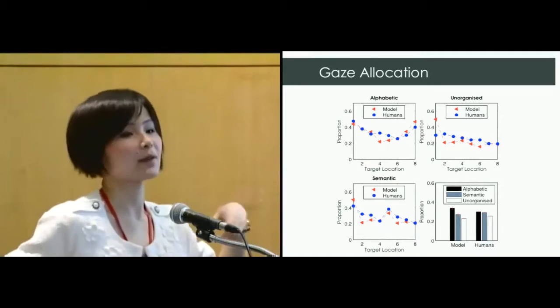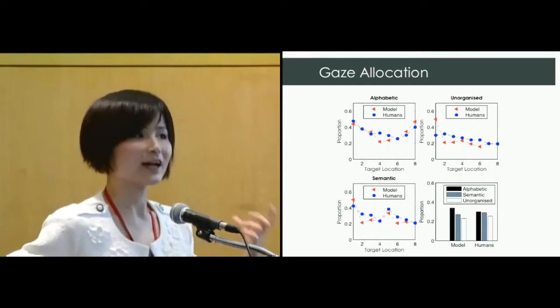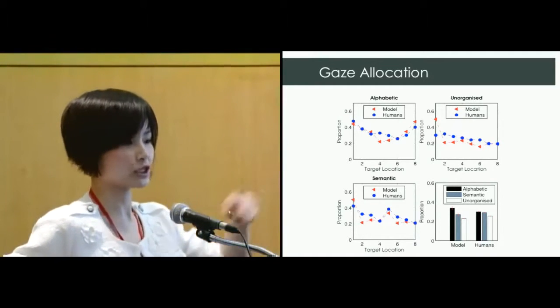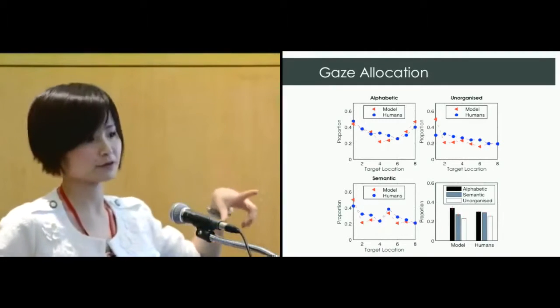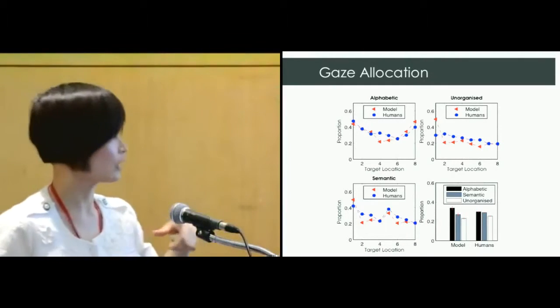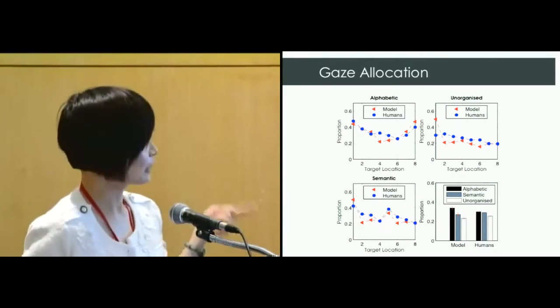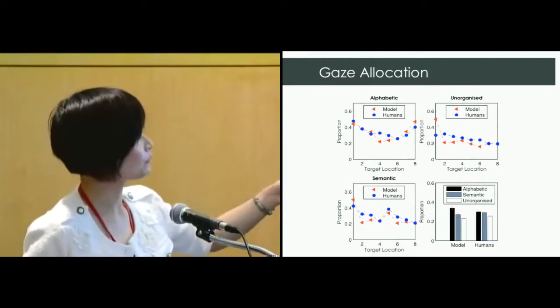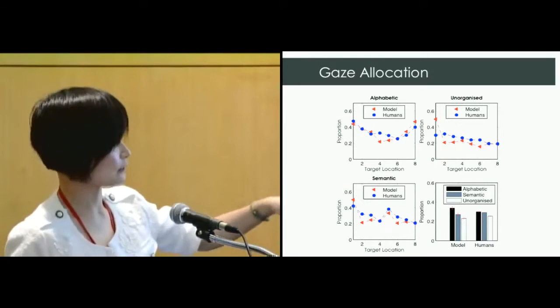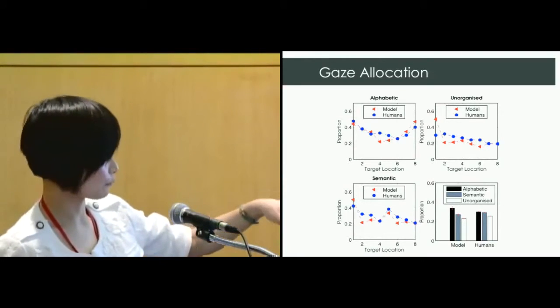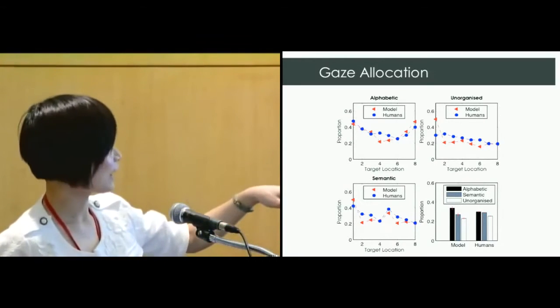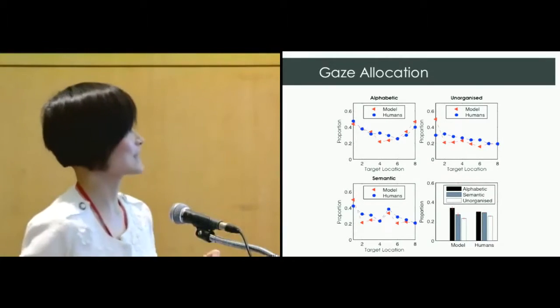So it means when they find a low relevant item in the first group, they jump to the second group. And in the fourth panel, we just aggregate the gaze proportions.